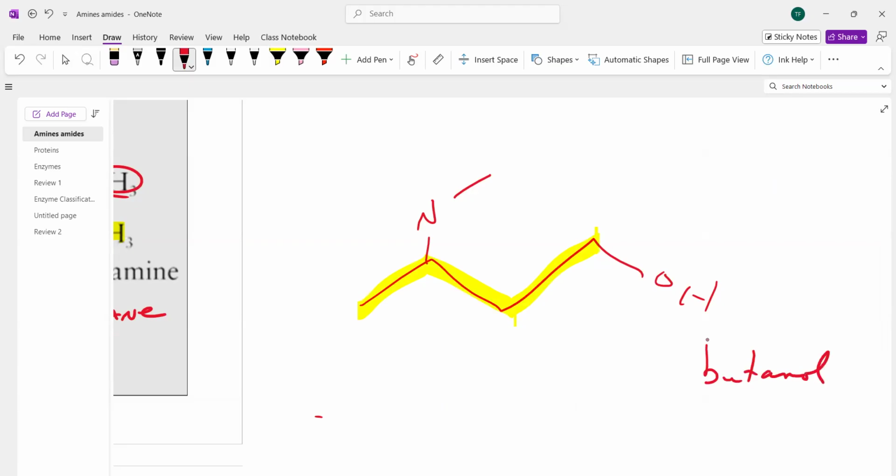We have a branch at 1, 2, 3. An amino branch, so that's 3 amino. And we have a methyl group coming off that amino group. So it's going to be N-methyl 3-amino butanol.